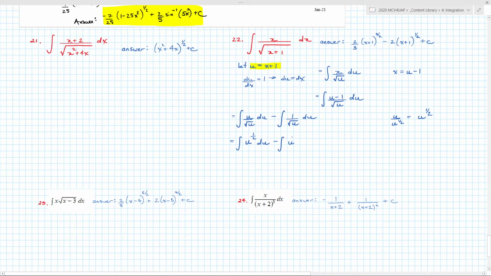And then the last thing is just to back substitute in what u is. So you would get 2/3 times x plus 1 to the 3 over 2 minus 2 times x plus 1 to the 1/2 plus a constant.